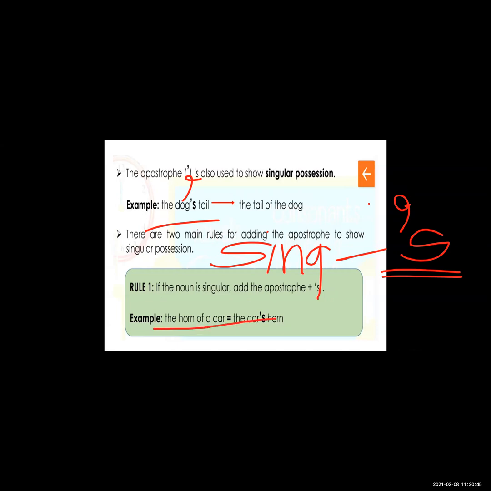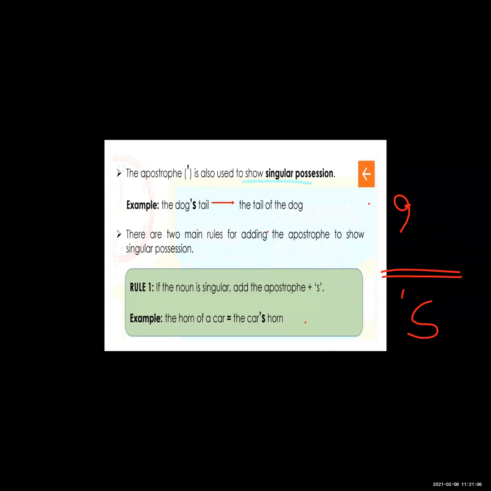Example, the horn of a car. So how we will write? Car's horn. What is the meaning of this? Car's horn means the horn of the car. Now see second rule.